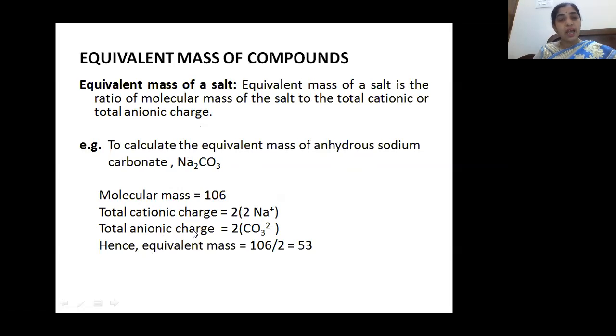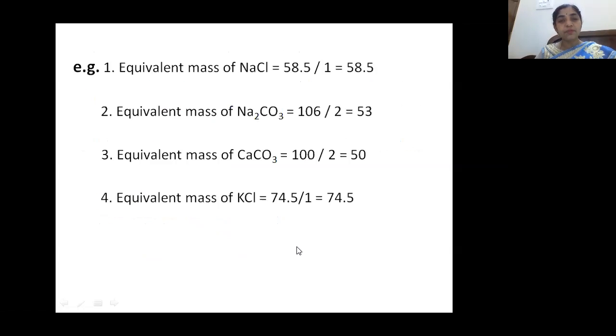Or if you consider anionic charge, it has carbonate CO3 and its charge is 2 minus, so 2 is the anionic charge. So the equivalent mass is 106 by 2, where 2 is either total cationic charge or total anionic charge, and the answer is 53. So the equivalent mass of sodium carbonate is 53.